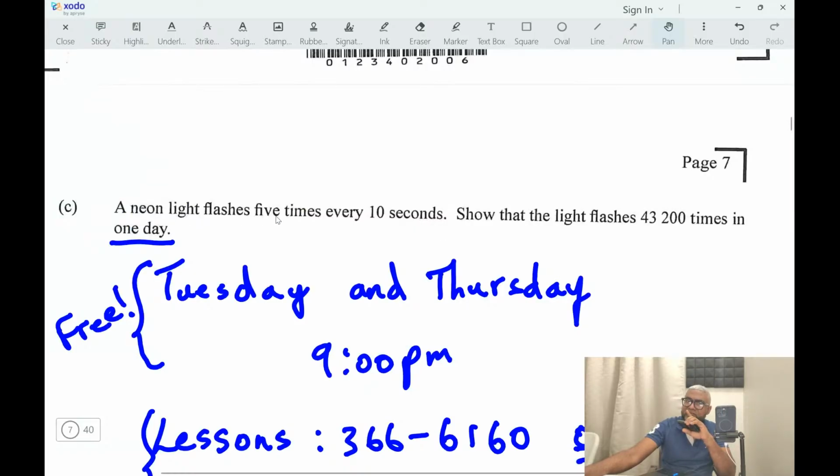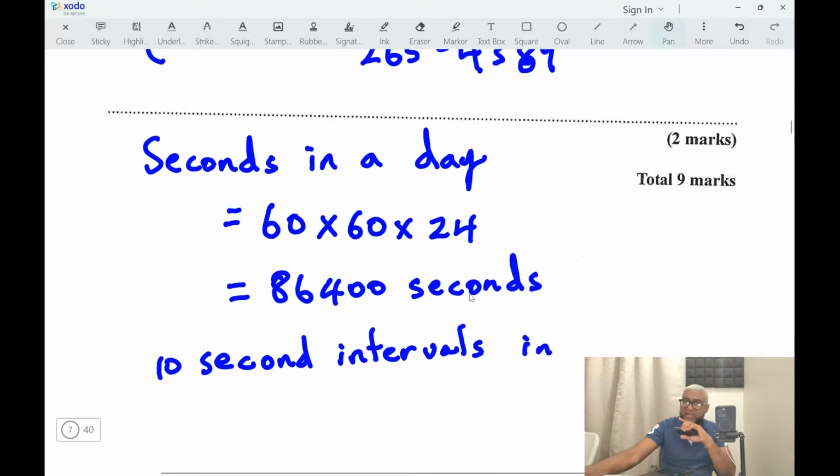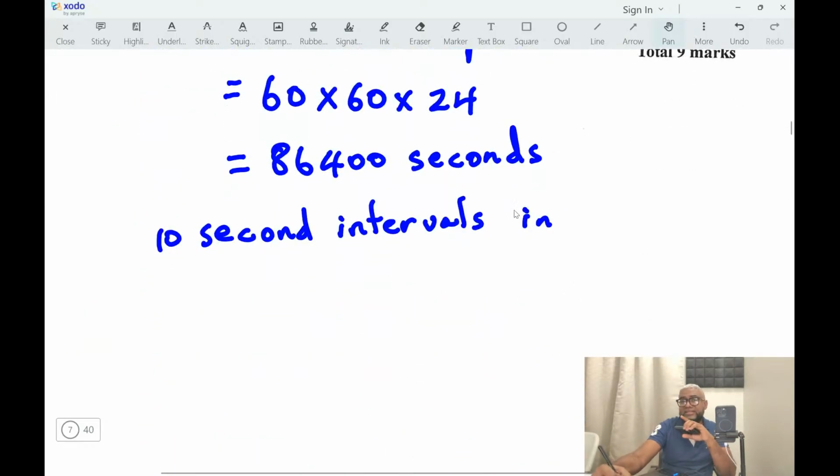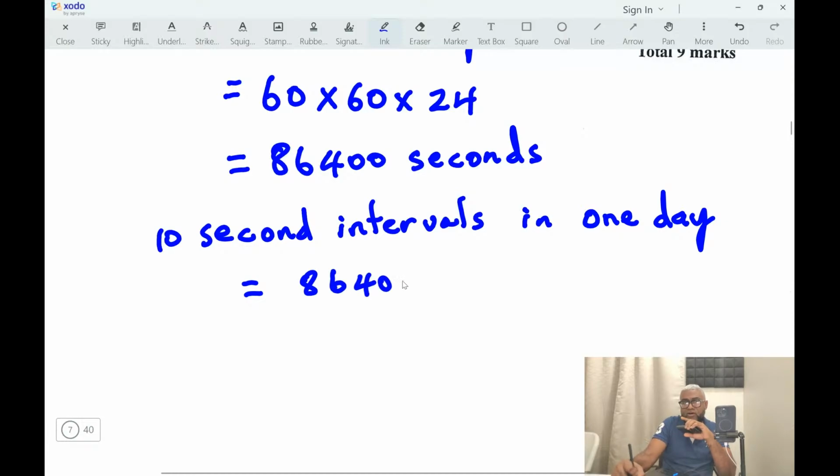A neon light flashes 5 times every 10 seconds, show that the light flashes 43,200 times in one day. I found out how many seconds in one day. Now I need to find out how many 10-second intervals in one day. That will be equal to 86,400 divided by 10, which will give me 8,640. It's like the zeros cancel.